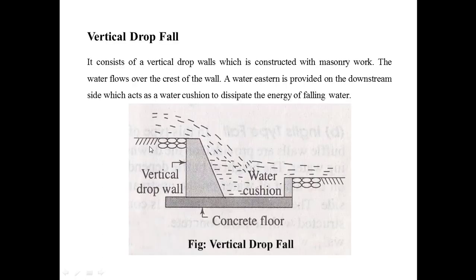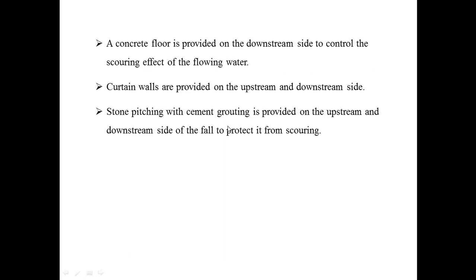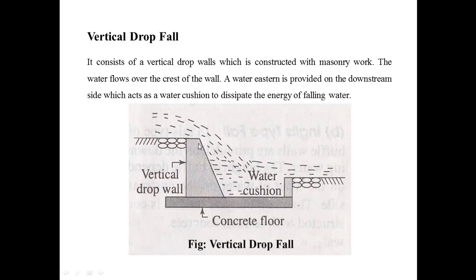Stone pitching with cement grouting is provided on the upstream and downstream side of the fall in order to protect it from scouring, and to protect the bed of the canal.